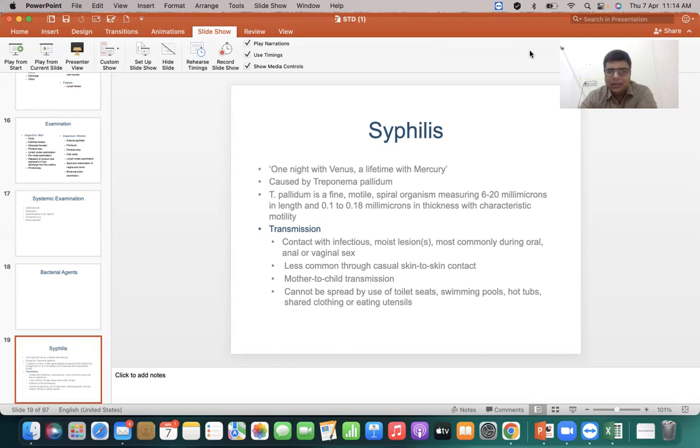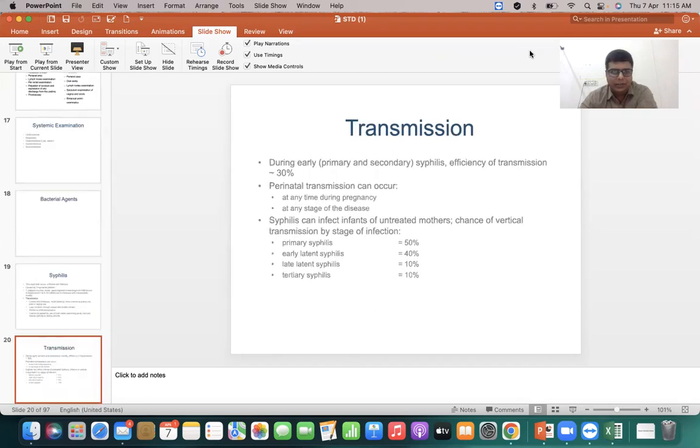Less commonly it occurs through skin contact, but moist lesions are very infectious. There is mother to child transmission. It cannot be spread by use of toiletries, swimming pools, hot tubs, shared clothing, or eating utensils, but can be transmitted through blood transfusion.